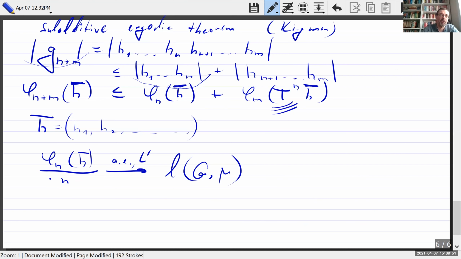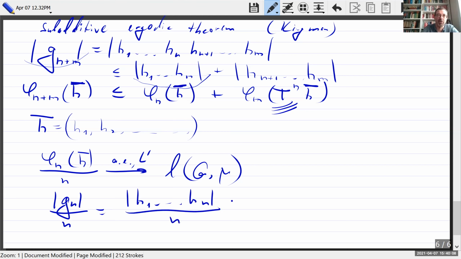If we take almost every sample path, then its distance from the origin divided by n, or in terms of the increments, the length of the product of n increments divided by n, converges to the rate of escape.